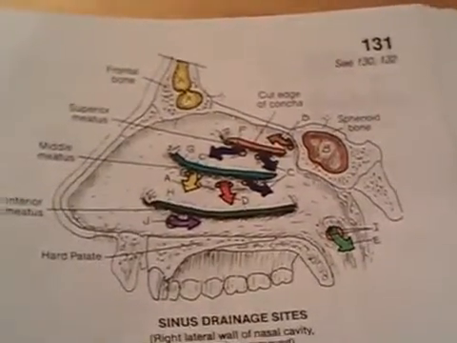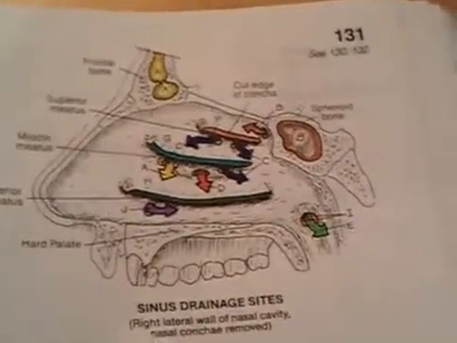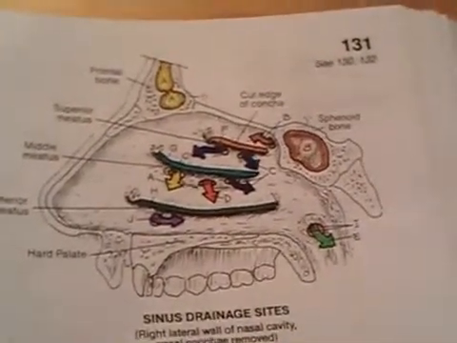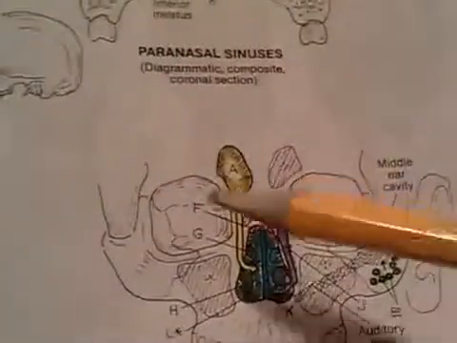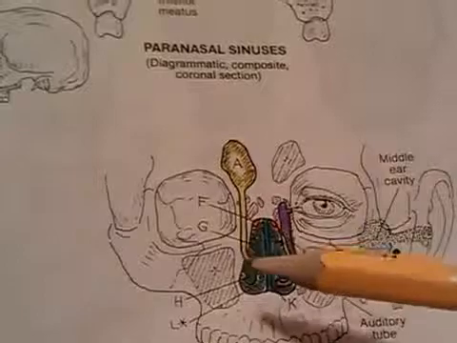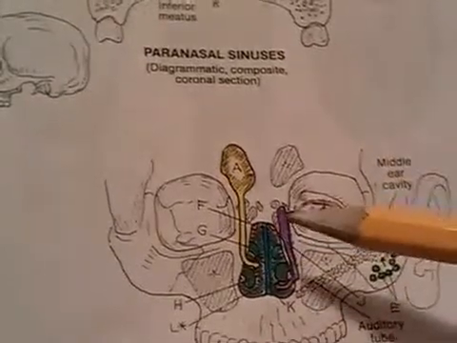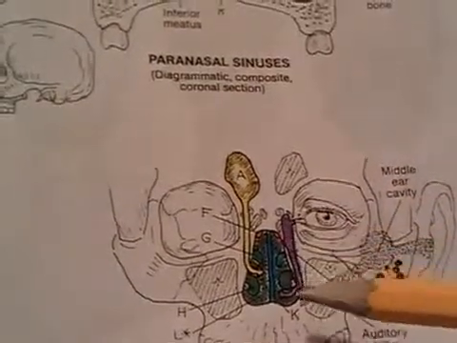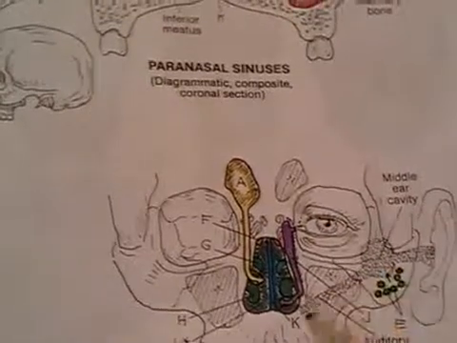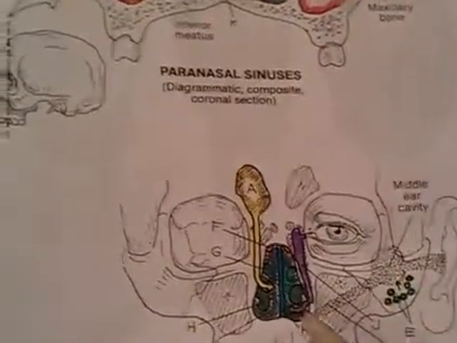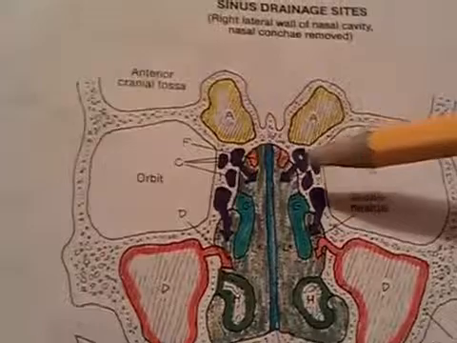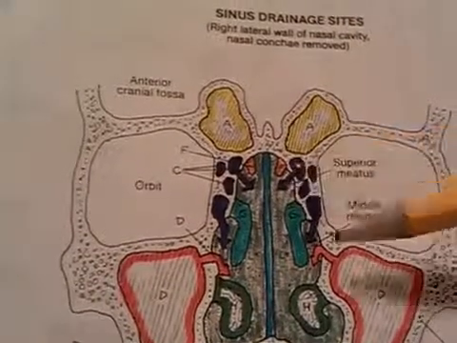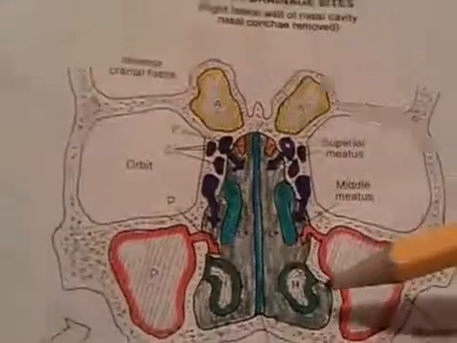And here again you can see the canal from frontal sinus. This is the lacrimal canal, opens into the inferior nasal meatus. And here you can very clearly see the superior nasal meatus, middle nasal meatus, and inferior nasal meatus.